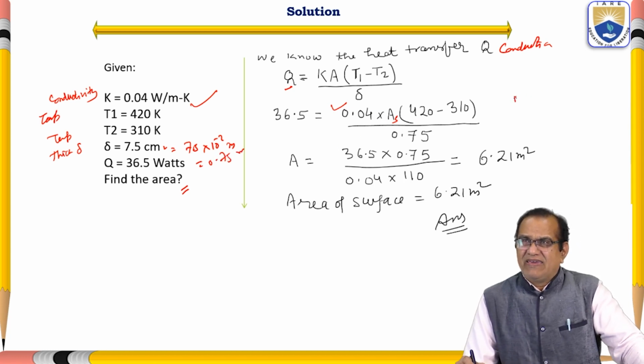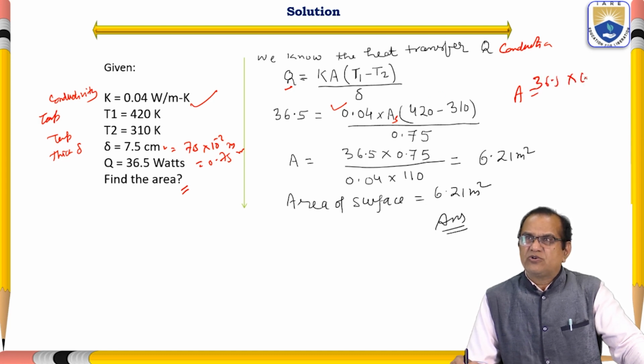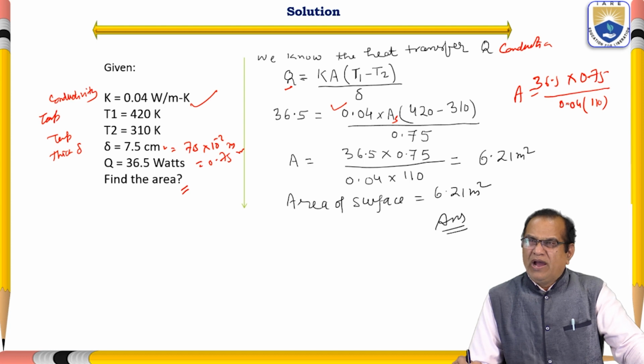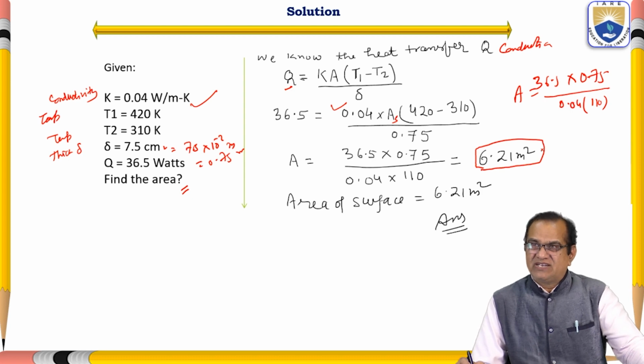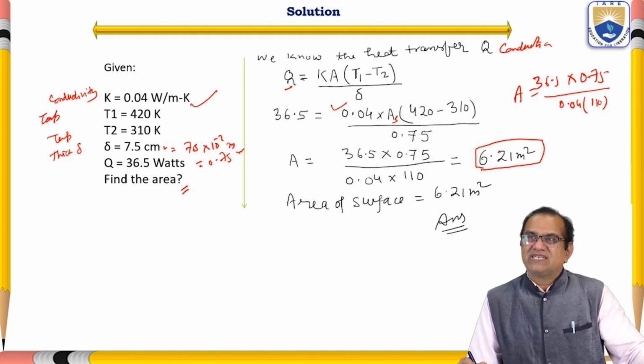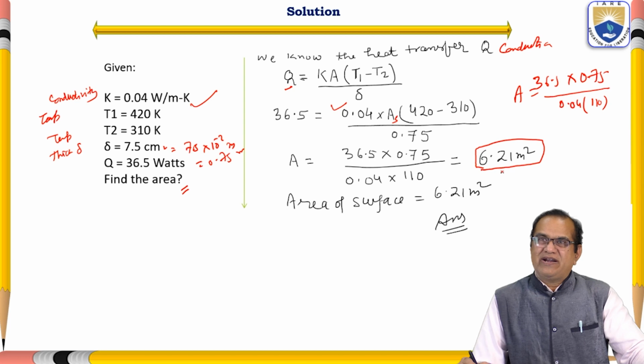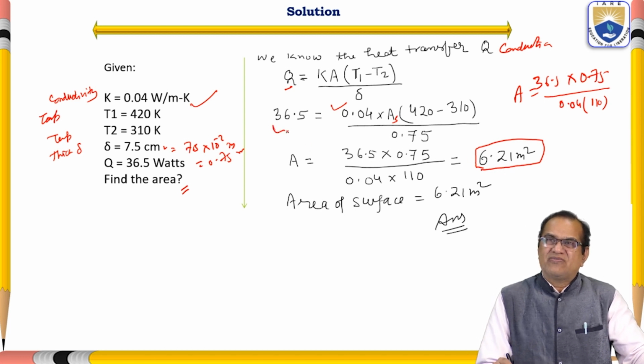If you take A on this side, it will be 36.5 into 0.075 divided by 0.04 into (420 minus 310), which is 110. If you calculate this, you will get 6.21 meter square. This is the area perpendicular to the heat flow. This much area is required for the conduction of this heat.